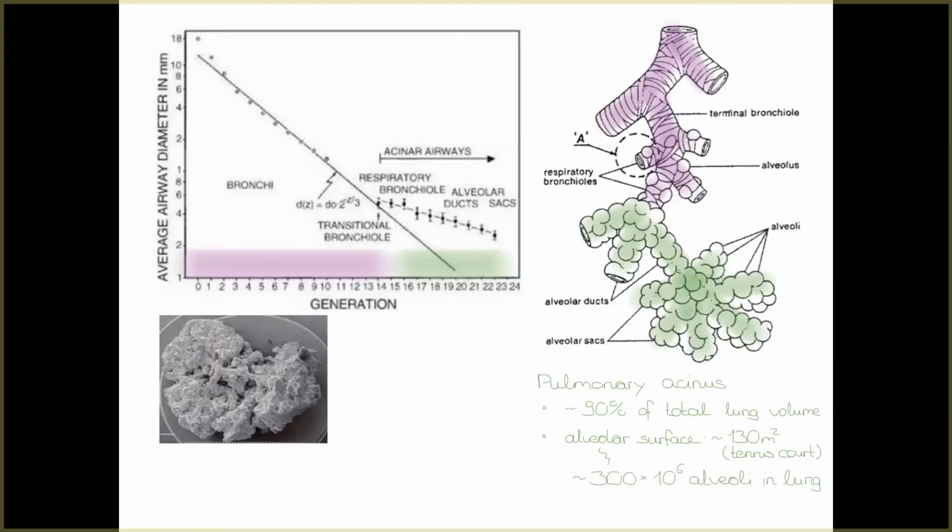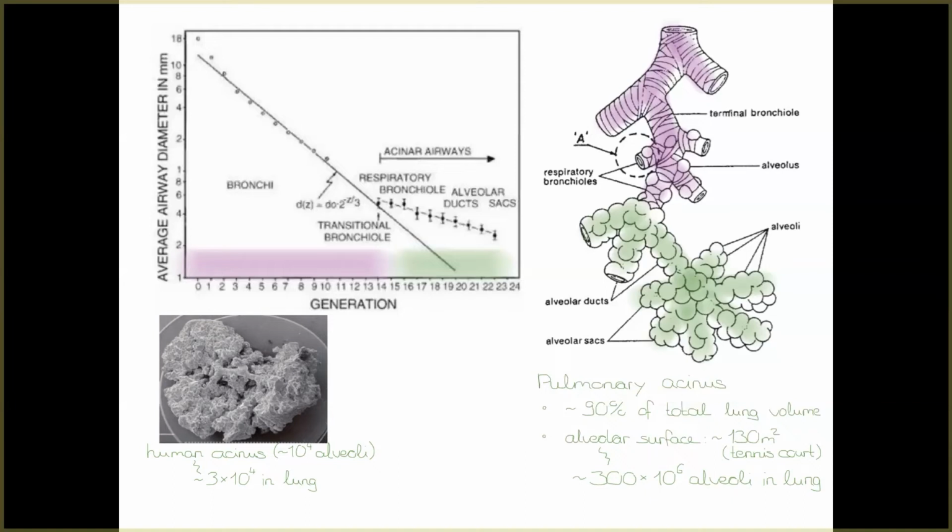When we do the math, each of them has about 10,000 alveoli, and there are about 30,000 such acini in the lung. So the product is about 300 million alveoli.